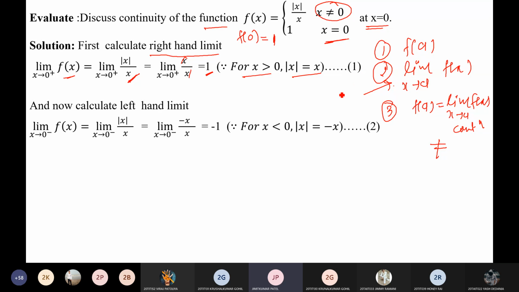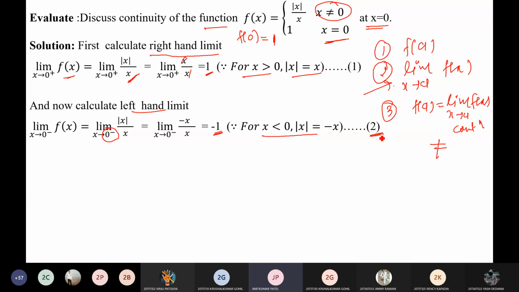If you think about the left hand limit, then what we have: limit x tends to 0 minus f of x is equal to limit x tends to 0 minus mod x upon x. Now what is the value of mod x for 0 minus? Negative x, minus x. So minus x upon x gives me minus 1, because when x is less than 0, modulus x is equal to minus x.